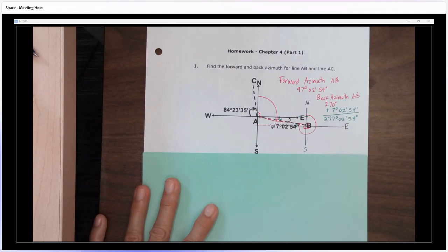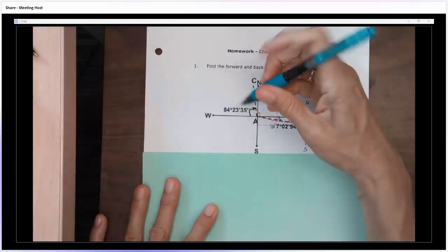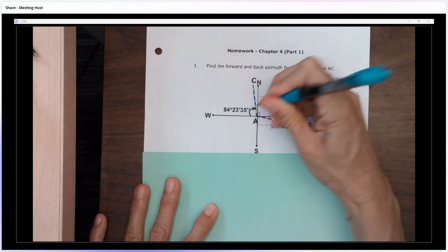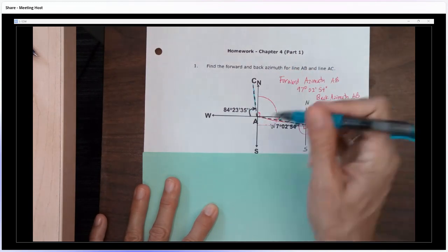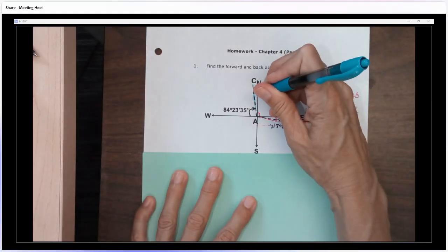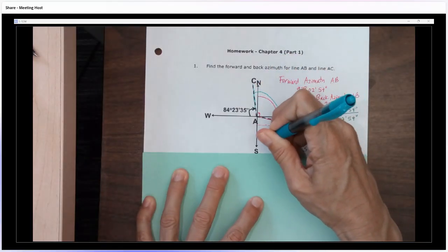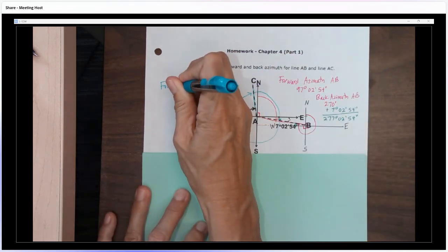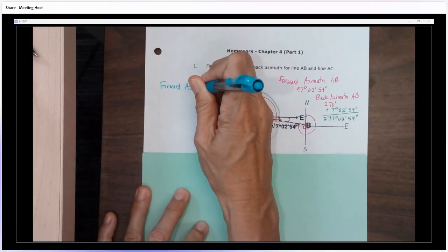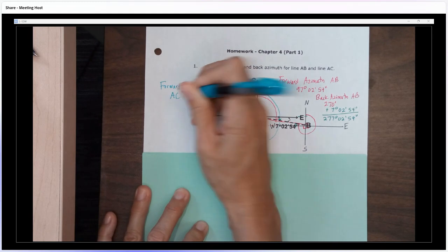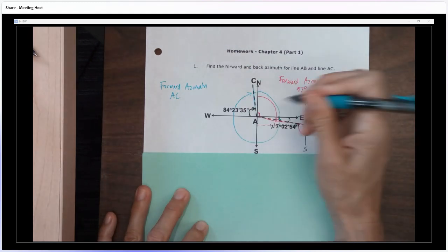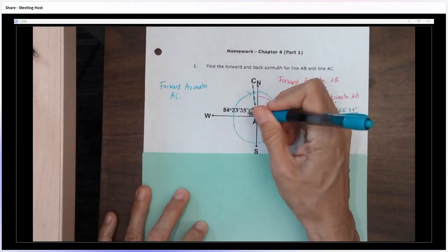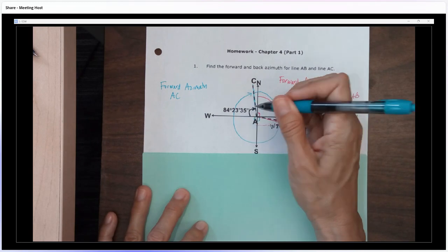For our line AC, that's the one that's coming up here. And we know some information about it from this west-east line. And again, thinking about forward azimuth, we're going to start at the north and come all the way around to this line. So our forward azimuth for AC is going to be that 90 of this first quadrant, 90 of the second quadrant, 90 of the third quadrant, and then just 84, 23, 35 of that fourth quadrant.